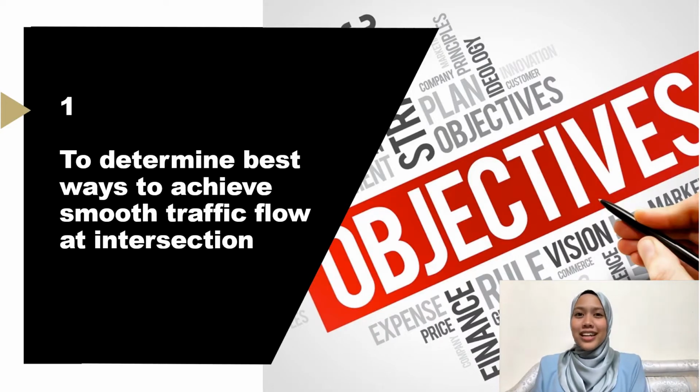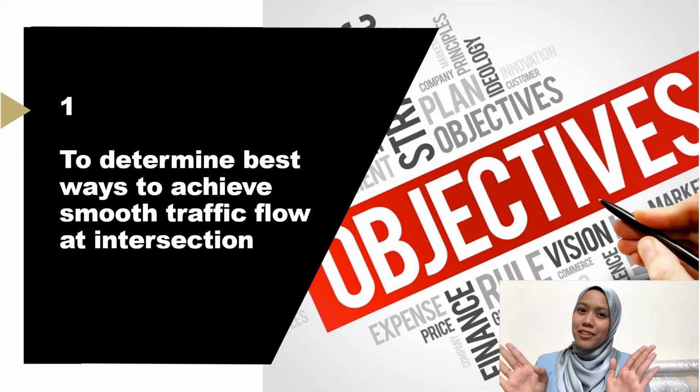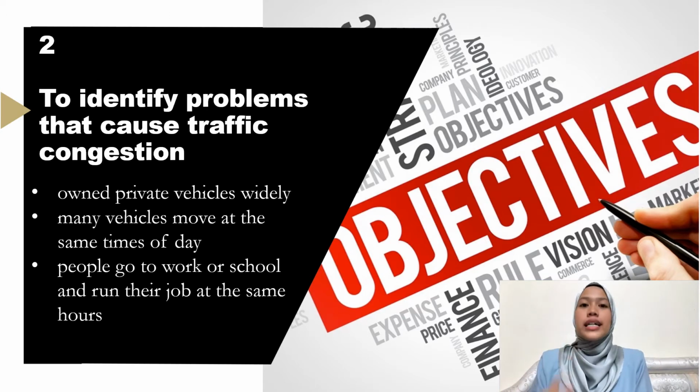Now, I would like to talk about the objectives that we obtained from this study. Before that, the purpose of this study is to determine the best ways to achieve smooth traffic flow at the intersection. First, we identify some problems that cause traffic jams at intersections during peak hours.